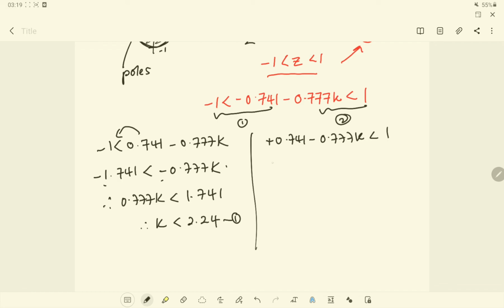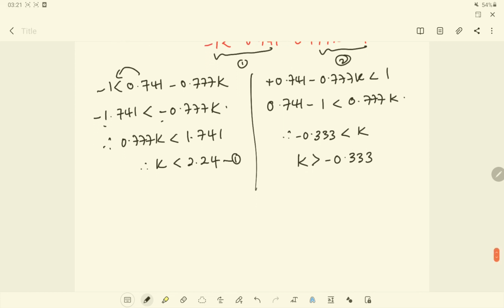So 0.741 minus 1 less than positive 0.777K. So therefore negative 0.333 less than K, or K is greater than negative 0.333.